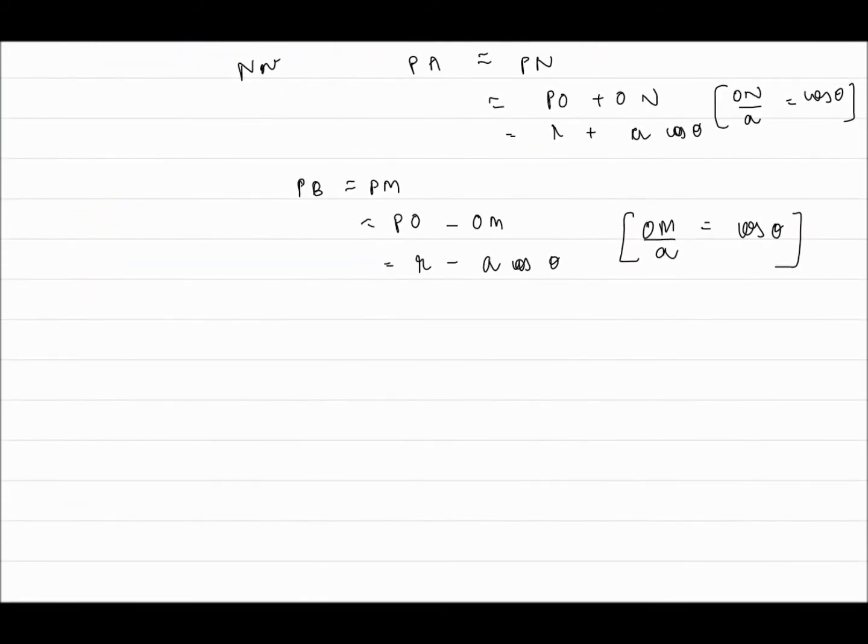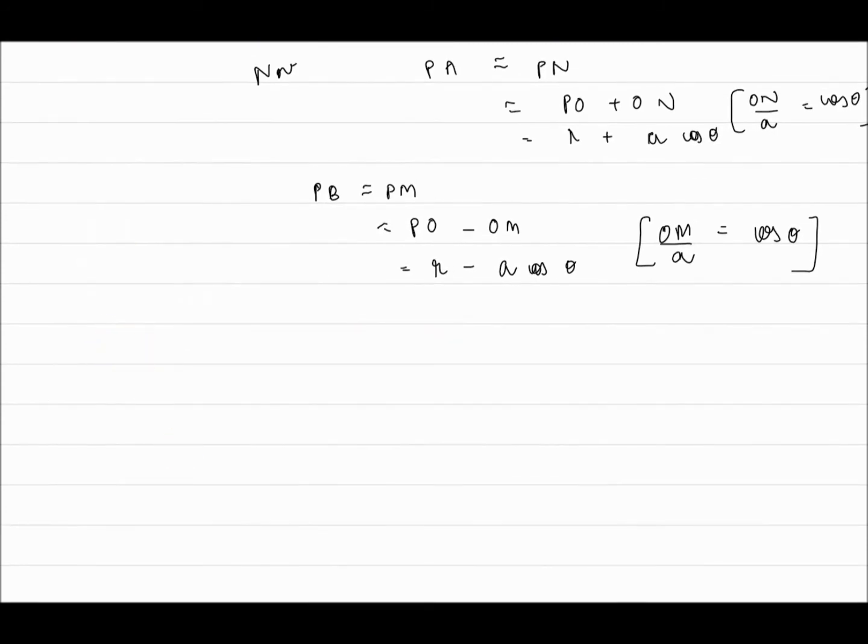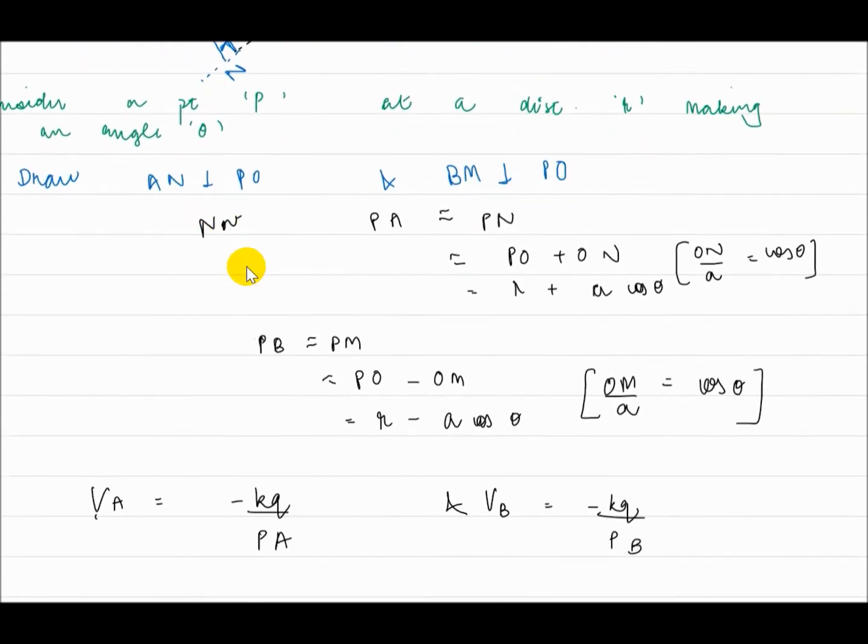So now the potential due to the charge at A, that is VA, will be equal to minus kq upon PA, and similarly VB will be equal to plus kq upon PB, as we can see from here.